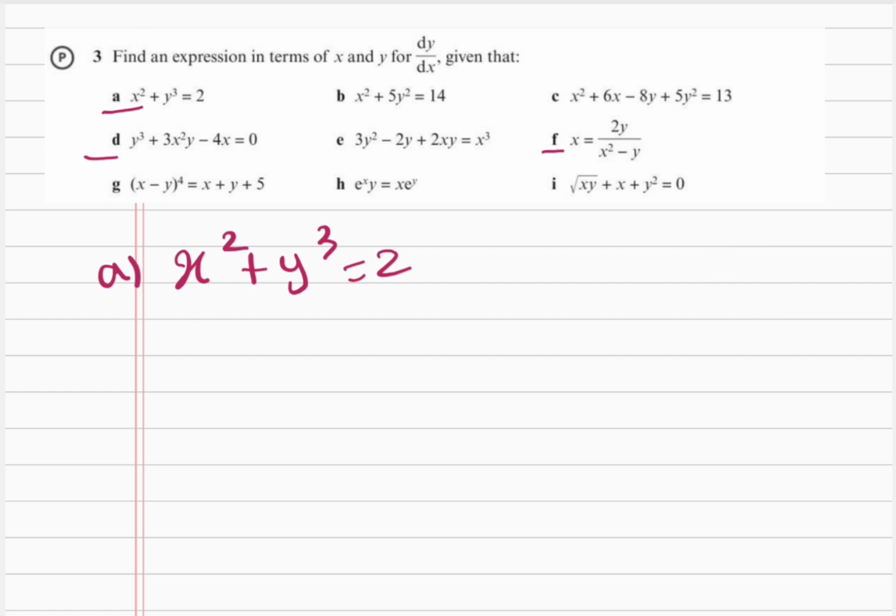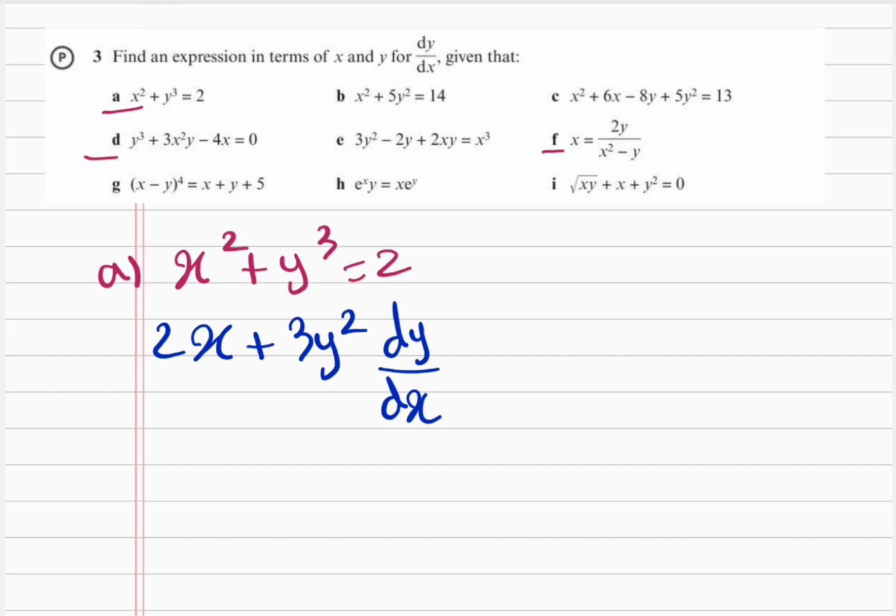We differentiate x, the independent variable, the usual way. So x squared differentiates to 2x, no problem. We also differentiate the dependent variable as usual, so y cubed differentiates to 3y squared, and we always write a term of dy/dx, as it's being multiplied to that.